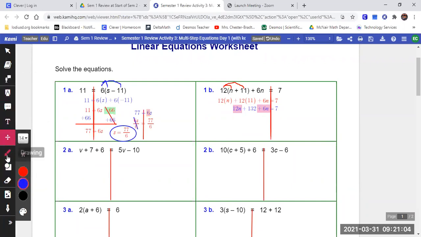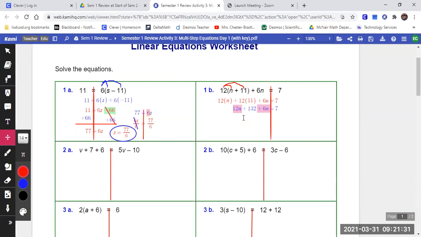So I need to combine those. They are both the same sign. So what do we do when they're both the same sign and we're combining them? We add them and keep their sign. So if they were both negative, we'd add them together and keep that sign. But these are both positive. So we're going to add them together and keep the sign.